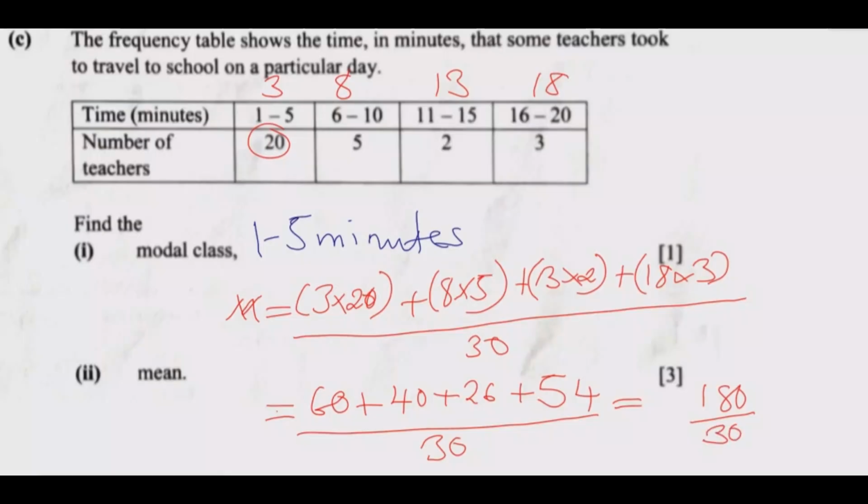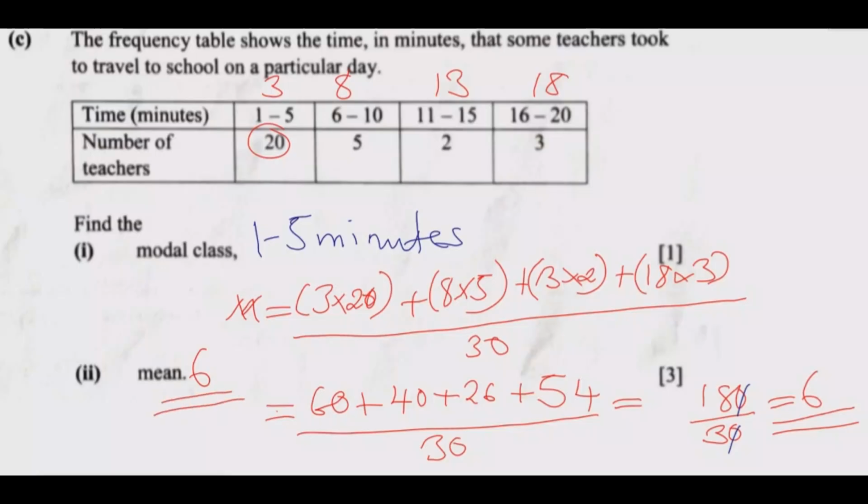Okay, so when we want to divide, we can cancel the 0 on top and the 0 down, so that we remain with 18. 3 into 18 goes 6 times, and that 6 is the mean. So the mean is equal to 6. Okay, that is the mean.